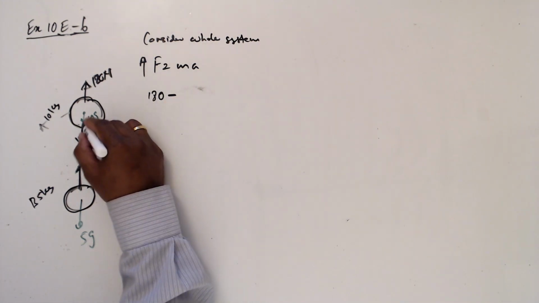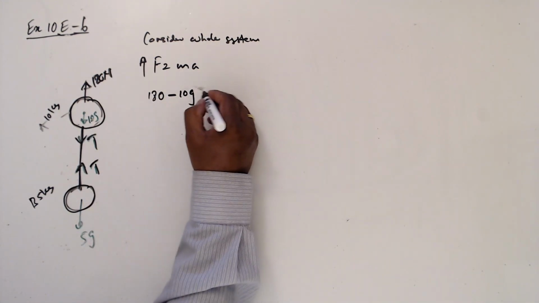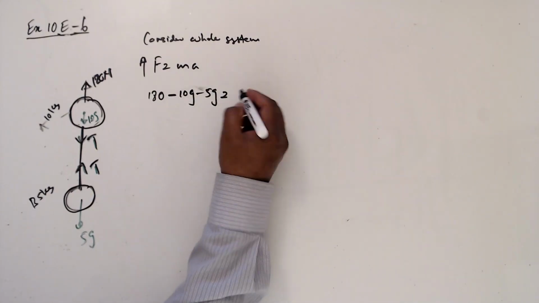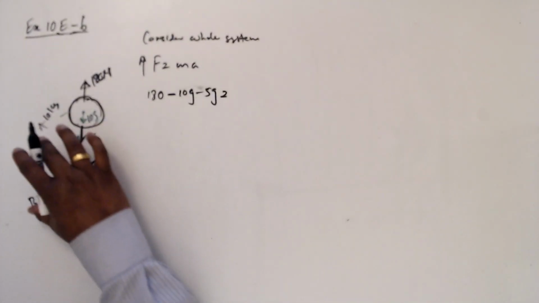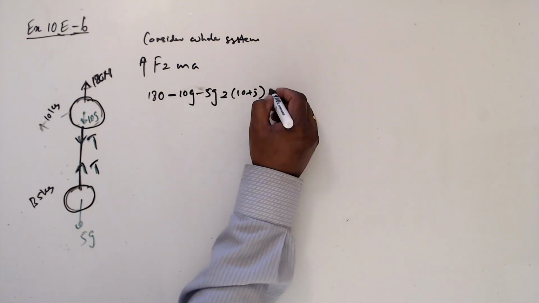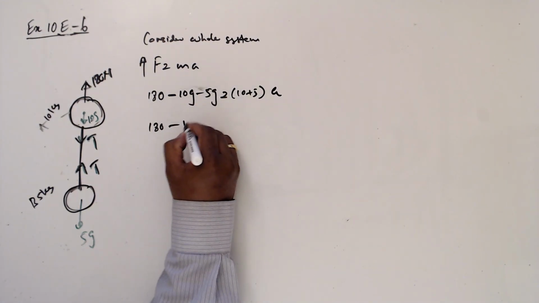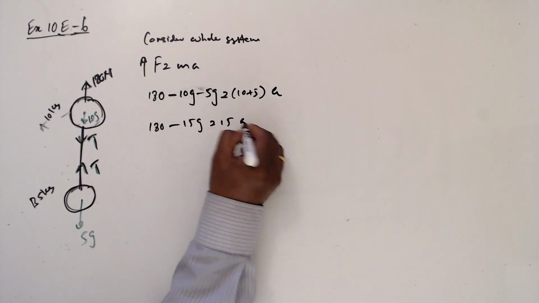This weight is 10g and this is 5g, equal to the mass 10 plus 5, 15, times acceleration a. So 180 minus 15g equals 15a.